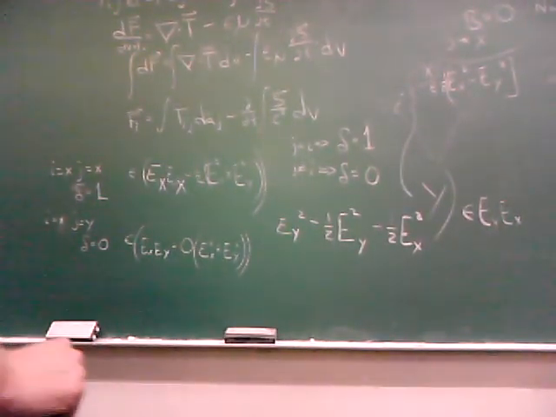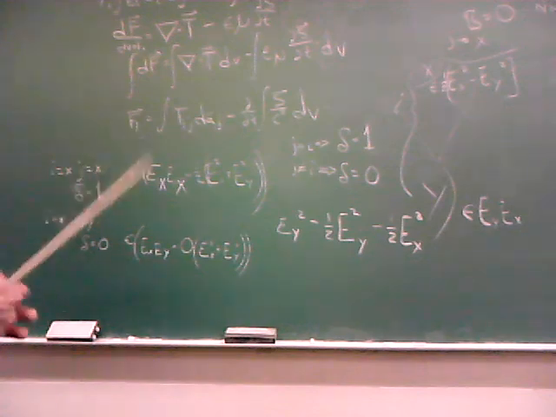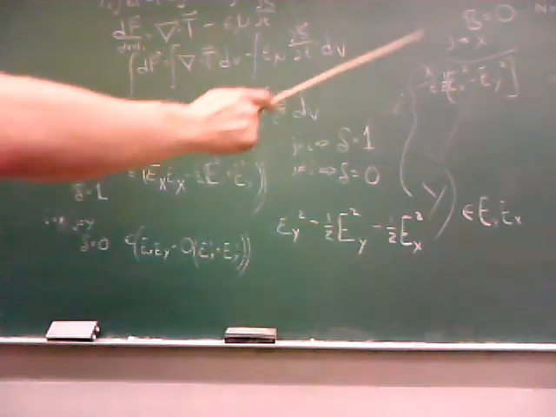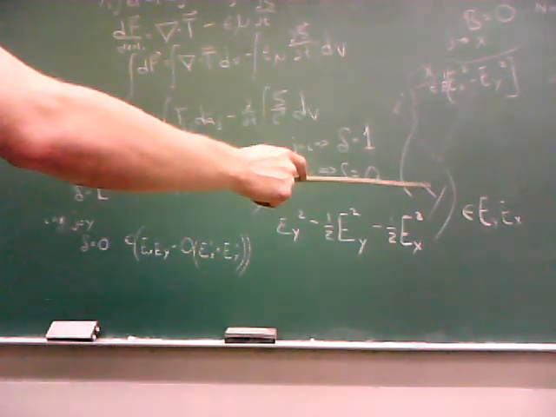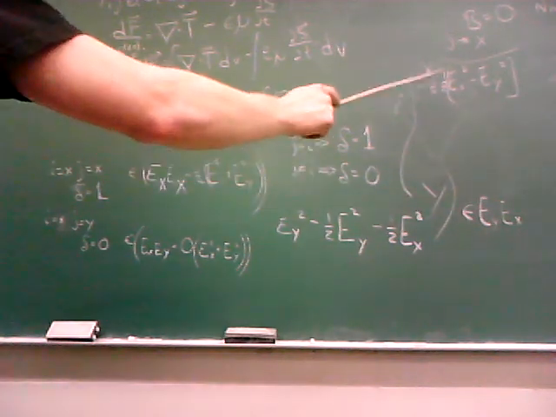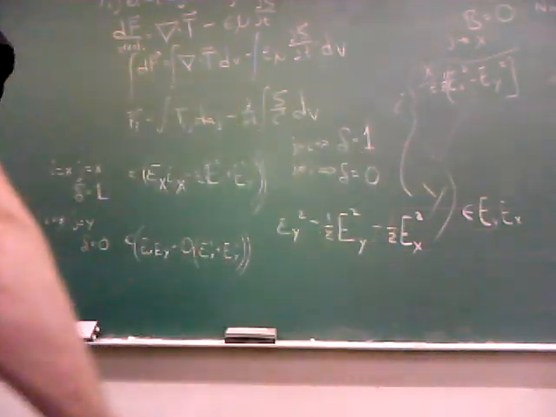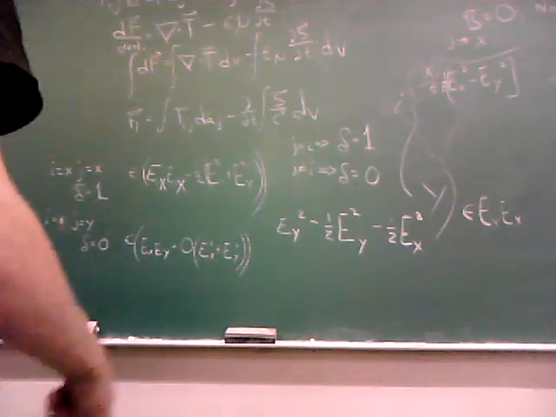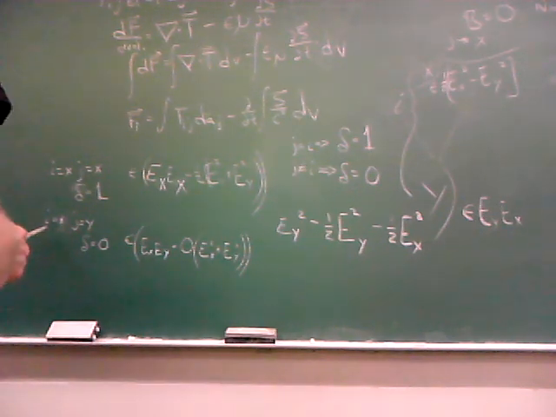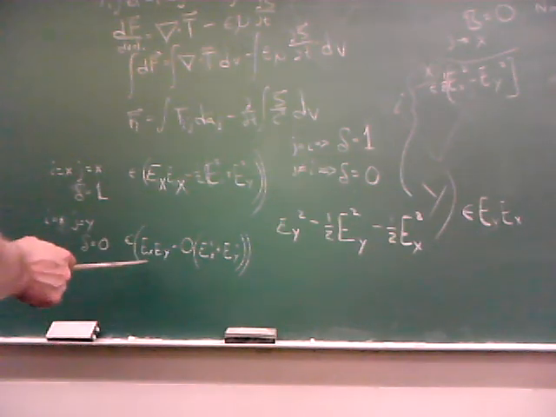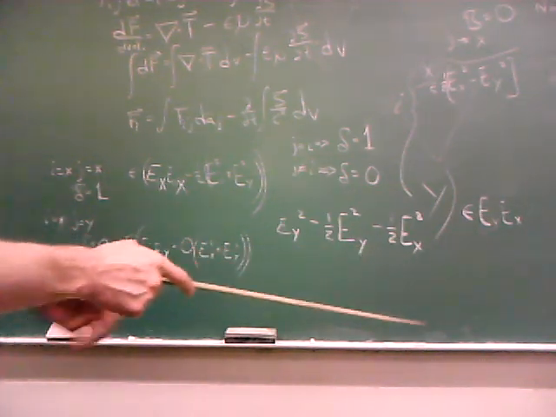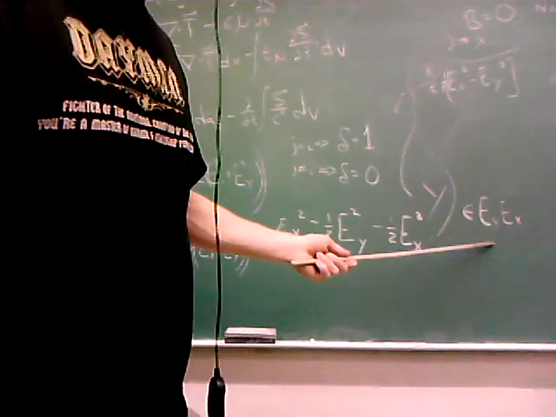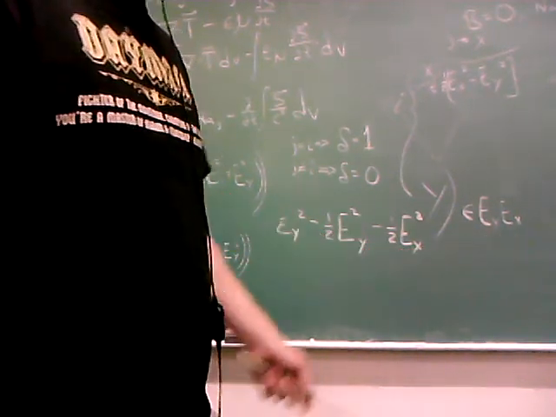And the same thing works out for row 2, column 1. I is equal to y and j is equal to x, and you just get epsilon times E sub y times E sub x.